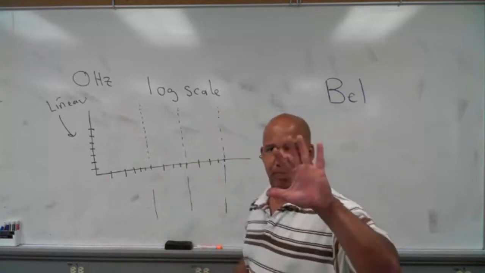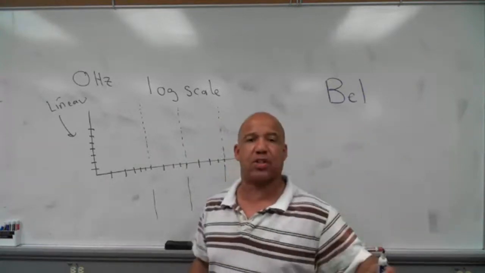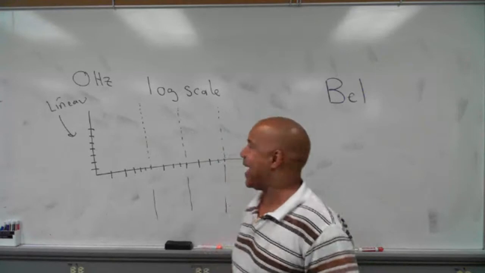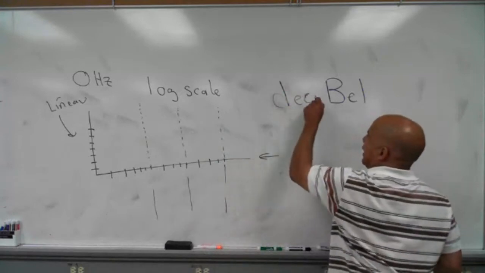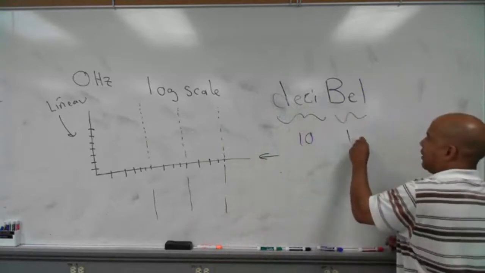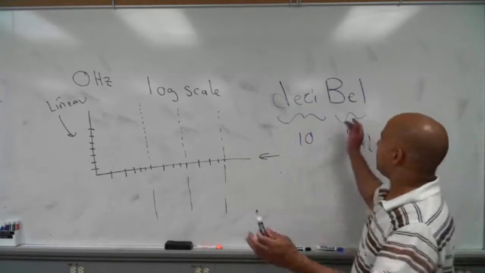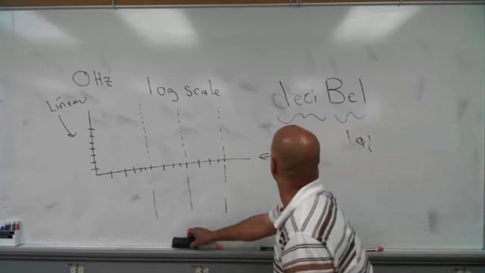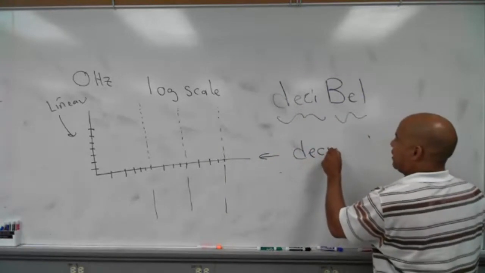So we base 10 is the decimal. We use the decimal system. It's a base 10 system. So they add the word deci here, and that just means 10. And bell is kind of a log or exponential type of number. They put these together, and the word they get is decibel.